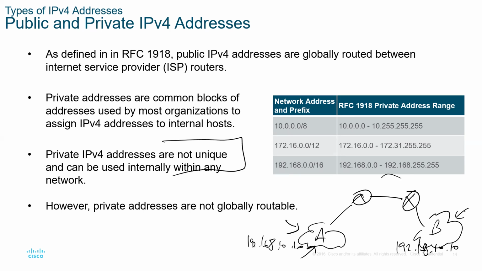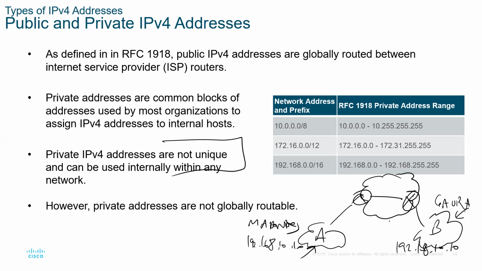However, if we are on the internet, we cannot have two Mr. Madondos. It means this Silence is probably a Madondo over the internet, and this one is probably a Gaura over the internet. Both privately are Silences, but over the internet, one is Madondo, one is Gaura. So public IP addresses are unique over the internet.